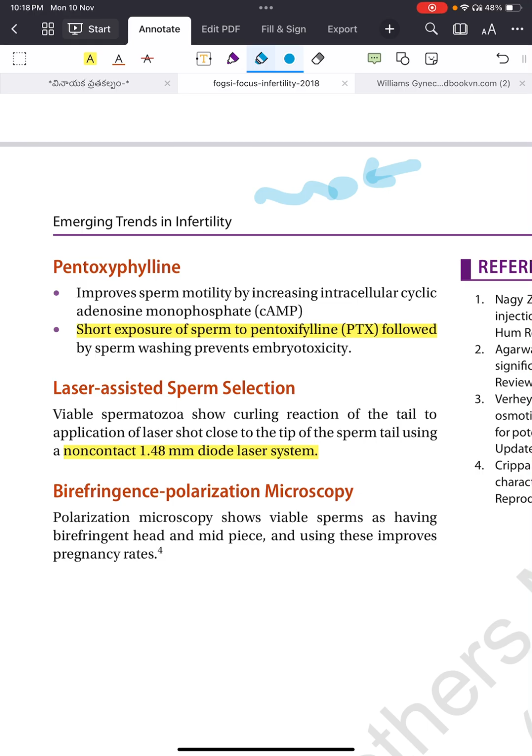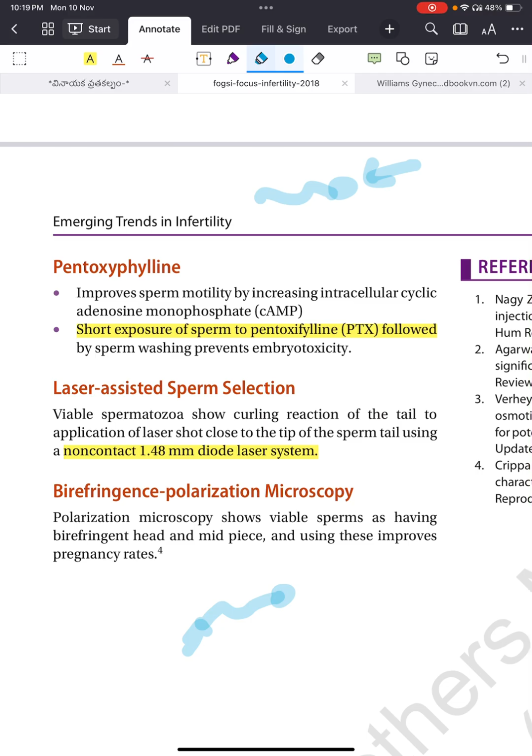Short exposure of the sperm to pentoxifylline followed by sperm washing prevents embryo toxicity. Next is laser-assisted sperm selection. Viable spermatozoa show a curling reaction of the tail when a laser shot is applied close to the tip of the sperm. So you apply a laser to the tip of the sperm and there is curling. And what type of laser system do you use?